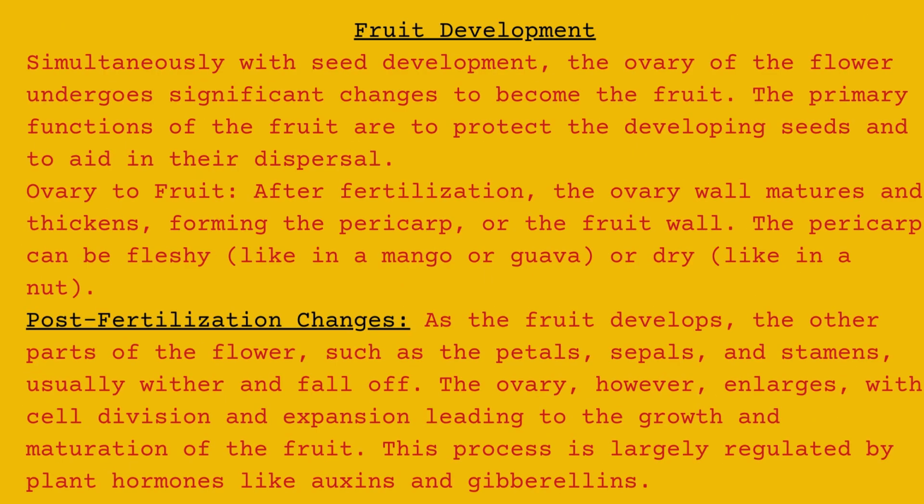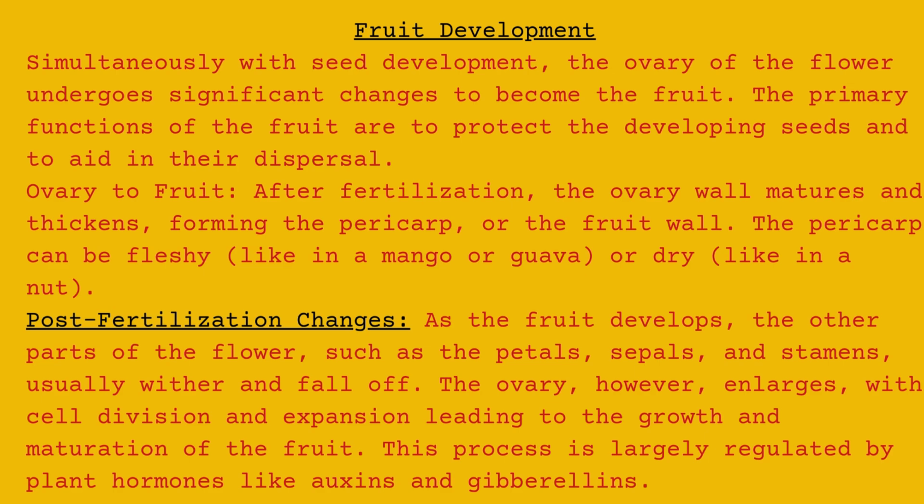Now, fruit development. Simultaneously with seed development, the ovary of a flower undergoes significant changes to become the fruit. The primary functions of the fruit are to protect the developing seeds and to aid in their dispersal. Now here we see the ovary to fruit process.